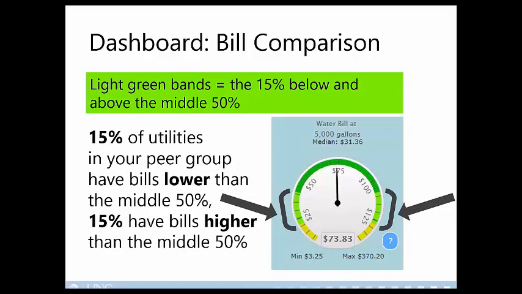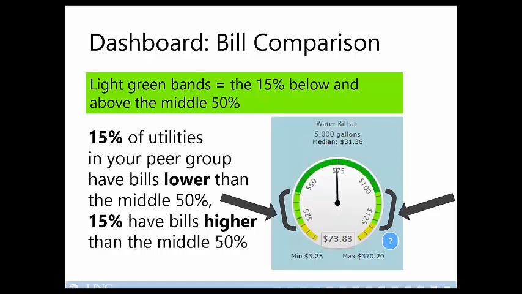The next part we'll talk about are these lighter green bands that are to the left and the right of this wide middle green band. And these are the 15% below and above that big middle 50%. So this means that 15% of the utilities in your peer group have bills that are lower than that or higher than that.